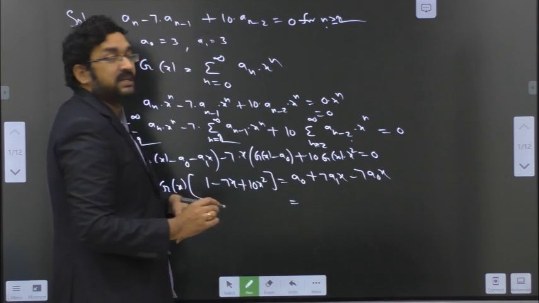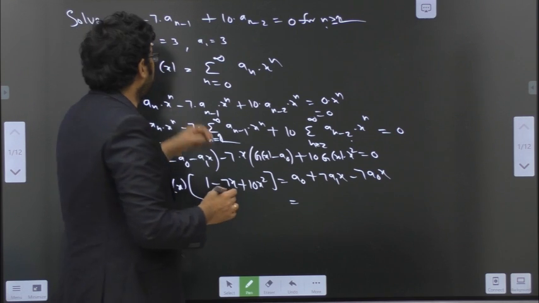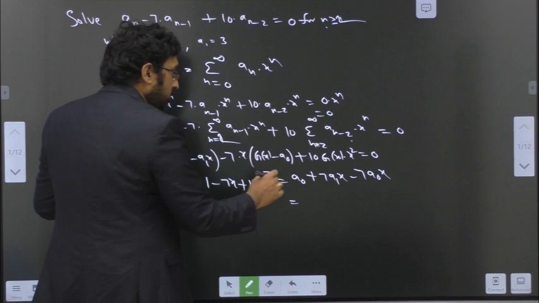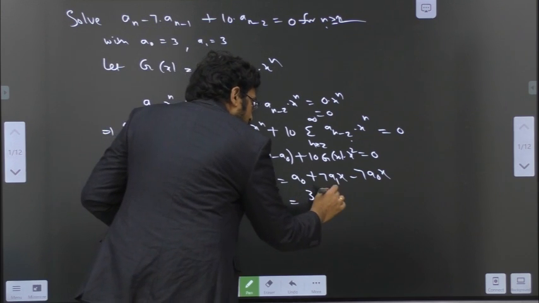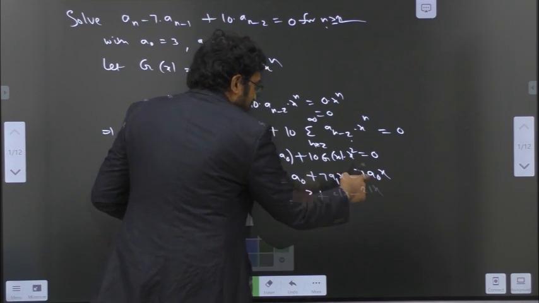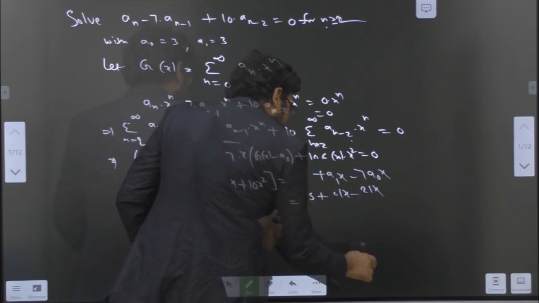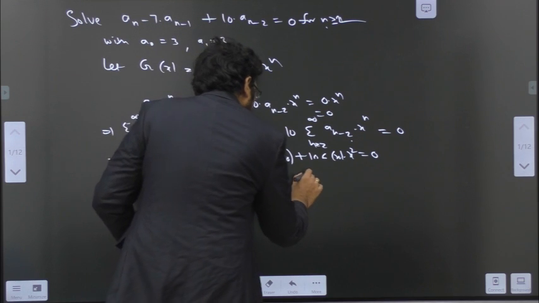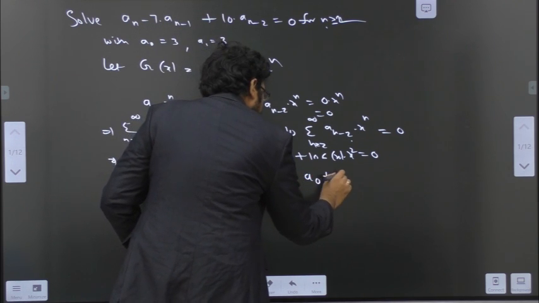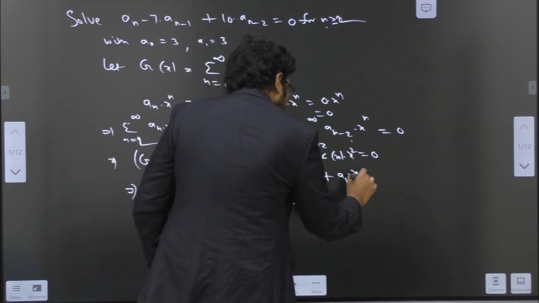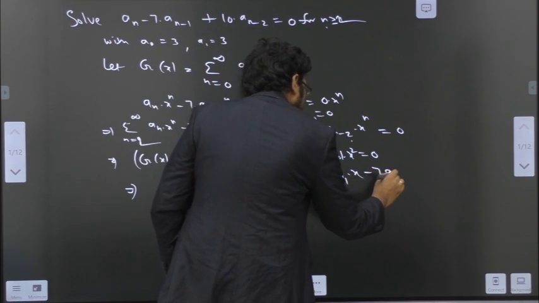Now substitute the initial values here. What are the initial values? a_0 equal to 3, a_1 equal to 3. So on the right side it becomes a_0 plus a_1 x minus 7 a_0 x.